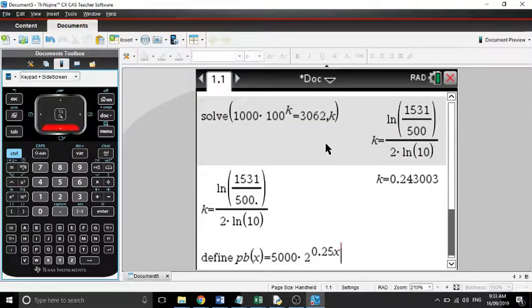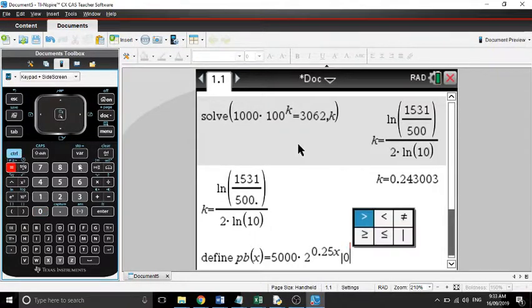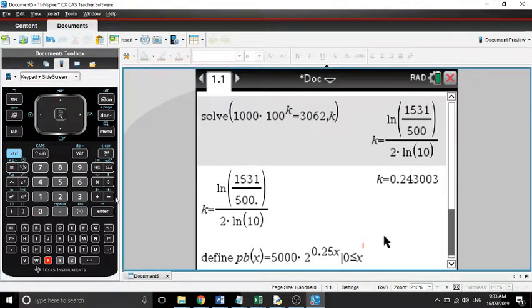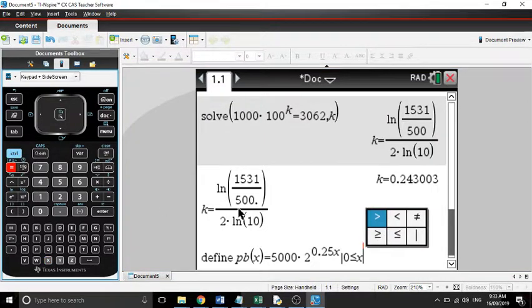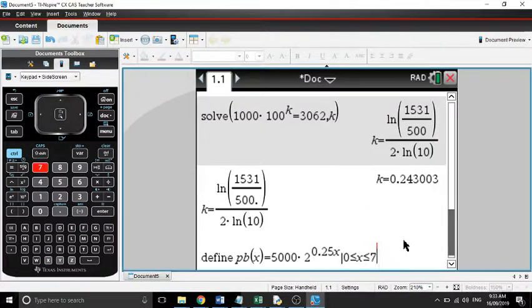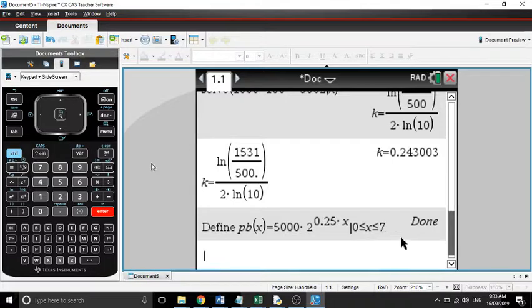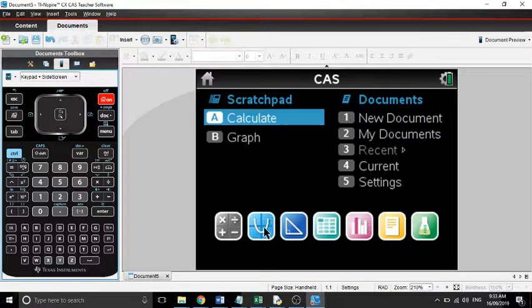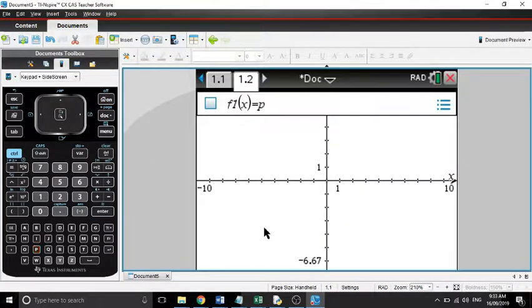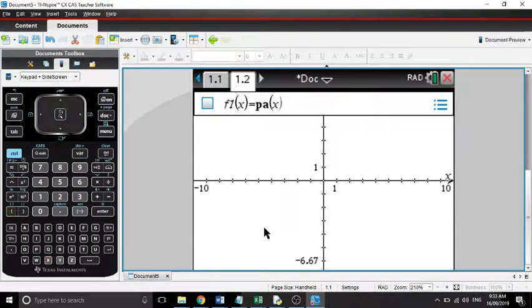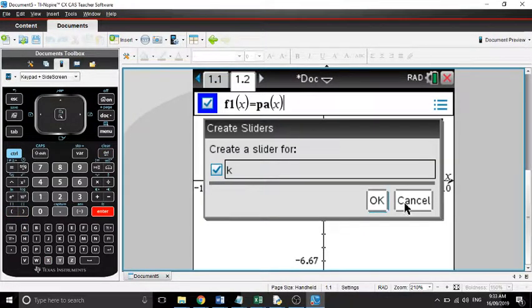Okay, once again, given the domain of 0 less than x less than 7, that's what we've got there. Now we will graph them both.